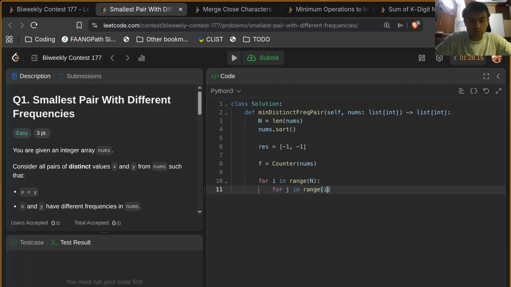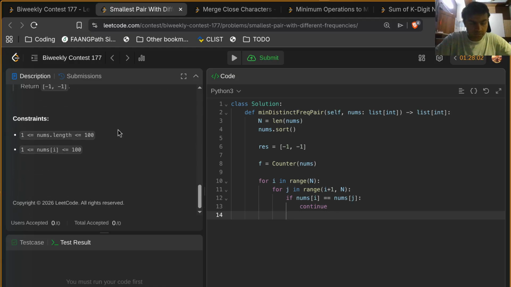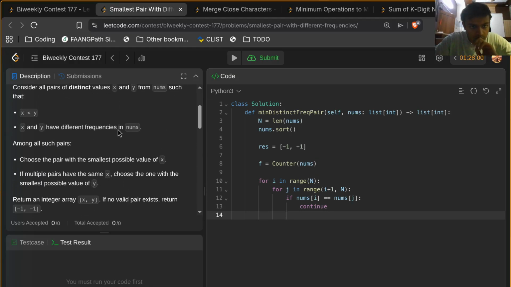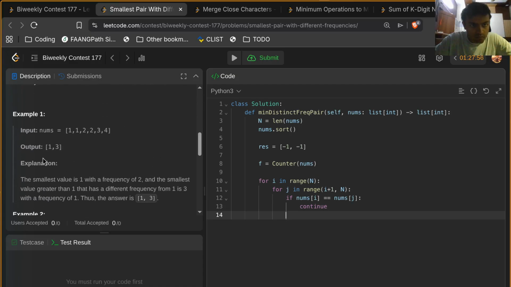If f[i] is equal to nums[j], else... The smallest pair is 1 with a frequency of 2, and the smallest value greater than 1 that has a different frequency of 1, thus the answer is 3.